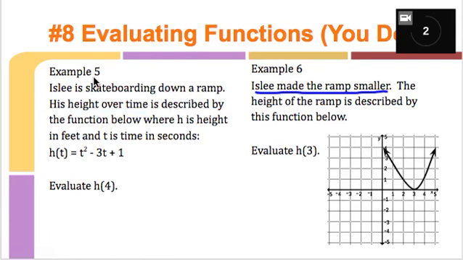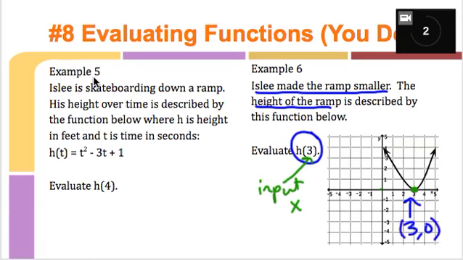It says Isley made the ramp smaller. The height of the ramp is described by the function below. So again, I want to evaluate h of 3. So I look at my input, which is my x value. So I start from the middle. I know that this is here. And then I notice that if I was to find this point, that's just 3, 0.